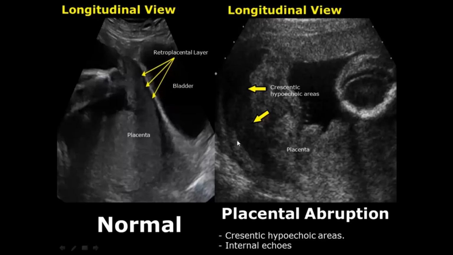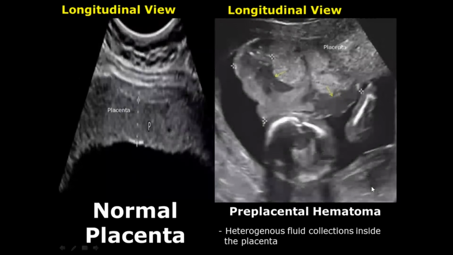One of them is a crescentic hypoechoic area behind the placenta with internal echoes. A preplacental hematoma occurs due to injury leading to hemorrhage, which gives us a heterogeneous fluid collection inside the placenta due to bleeding.